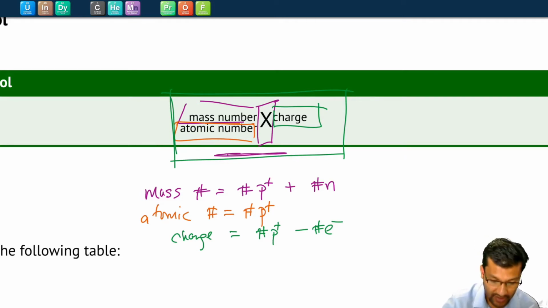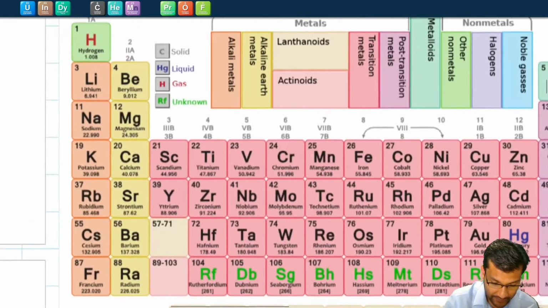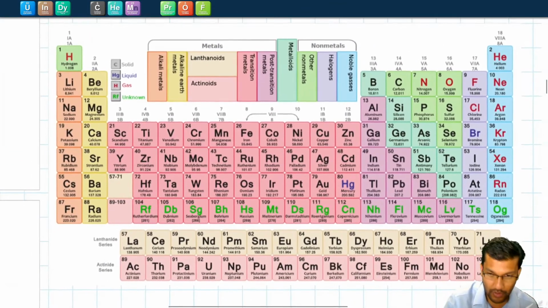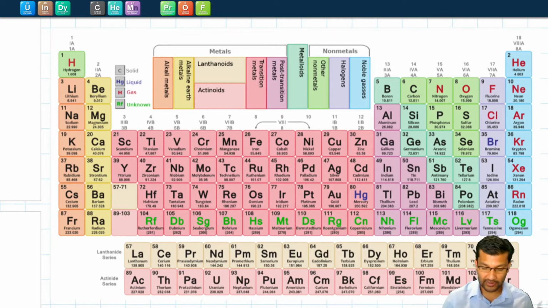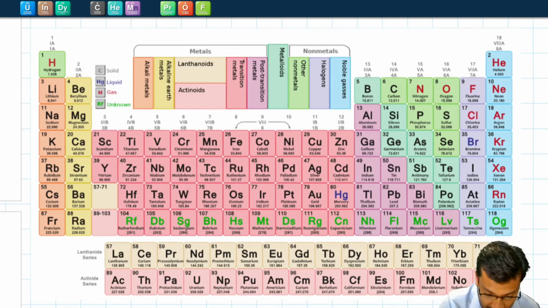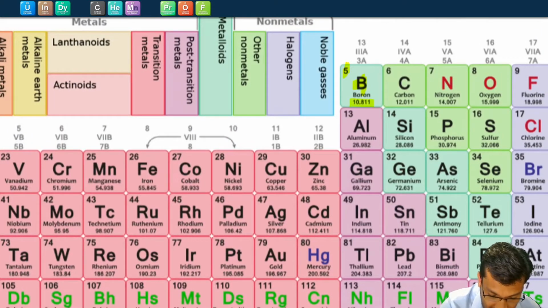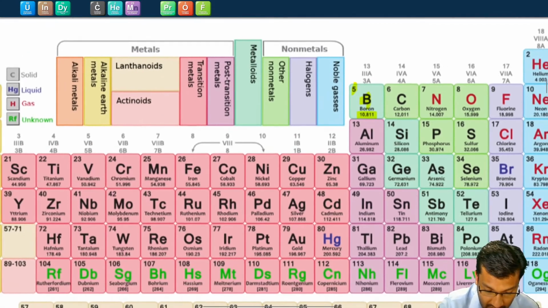Now, the element X that I've highlighted here, to figure out exactly what the element is, we would need a periodic table. This is just a copy that you have in your workbook. I just included it here again, but just know that as a chemist, and you're all chemists because you're studying chemistry, you need to have a periodic table with at least the element symbols, the atomic numbers, and here is going to be the mass number, the atomic mass of those elements.